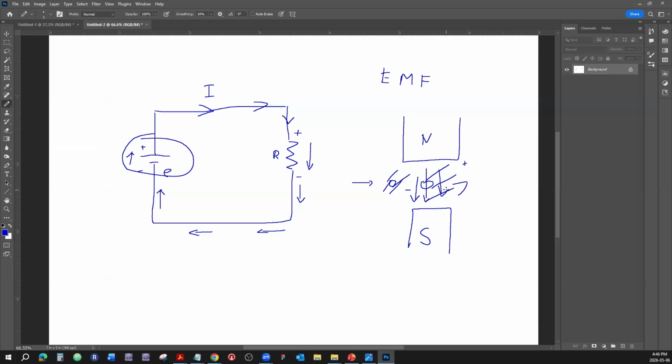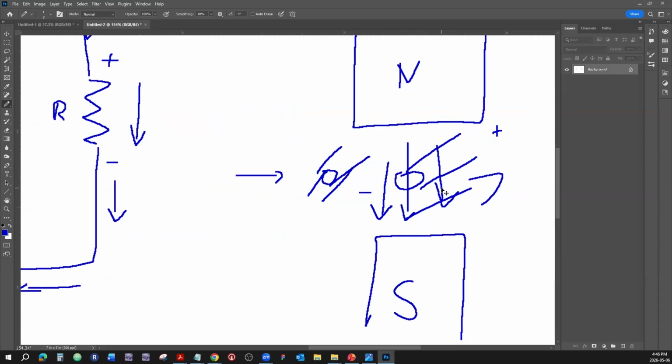I hope I draw this thing right. I'll have to analyze it further. Maybe we're going to have a few minutes so I could do that. Because that thing is going to oppose. How is that going to oppose? See if I did this thing right.